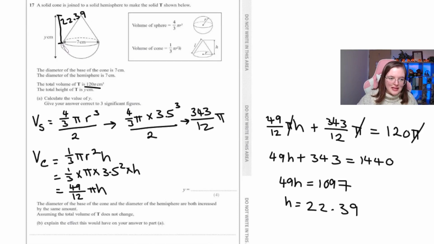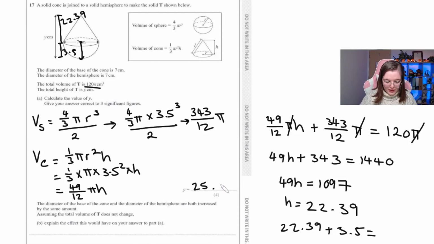I also need to add on this bit, but that's just a radius, remember, because that's going from the center downwards. So that is adding on 3.5. So I'm going to do 22.39 plus 3.5 to get 25.9, to three significant figures. And that is that.